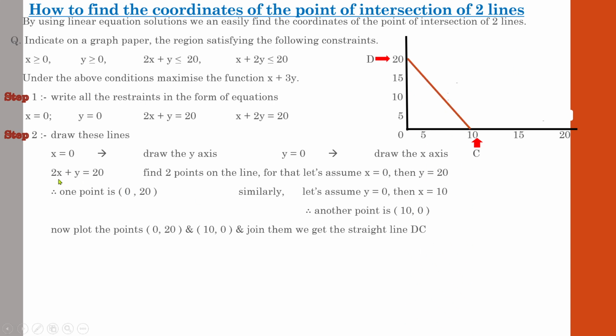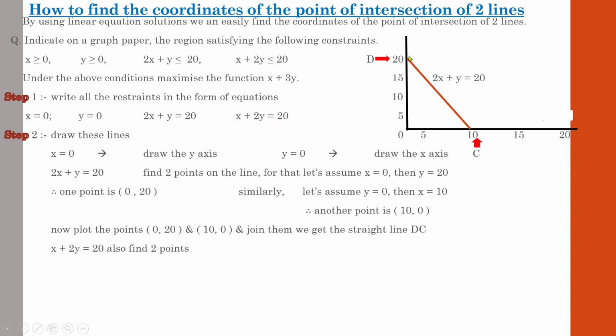First part means by solving this linear equation you have identified a line in the graph. So once you have found the line in the graph, or once you plot the 2 points of a linear equation, you can go to the next linear equation. Next linear equation is x plus 2y equal to 20.